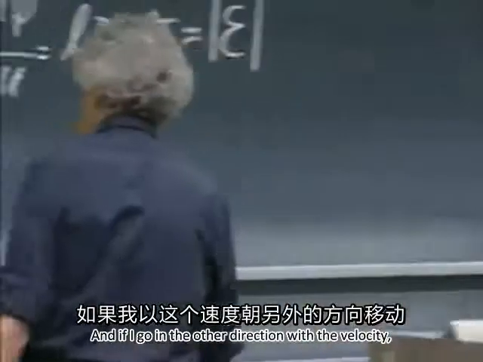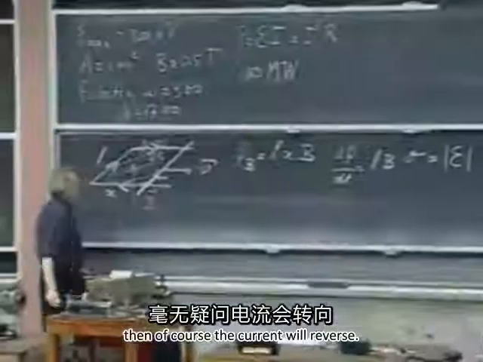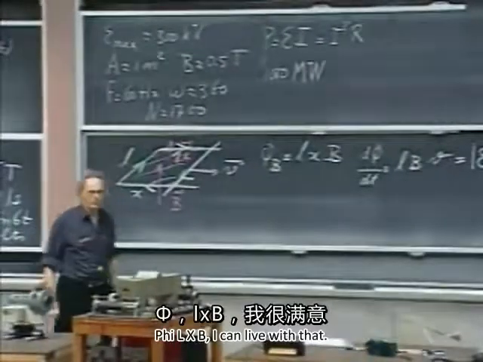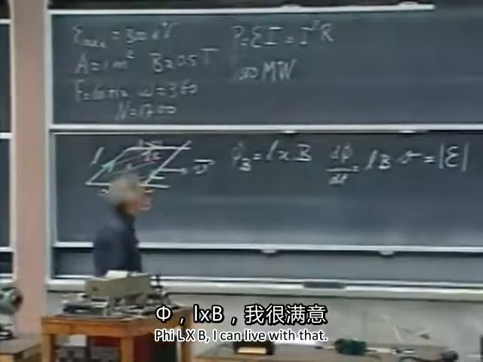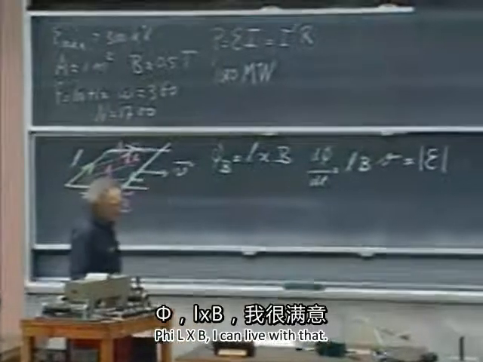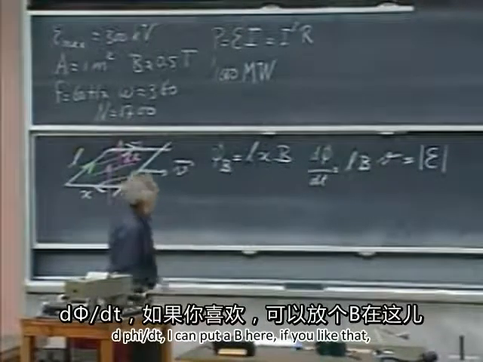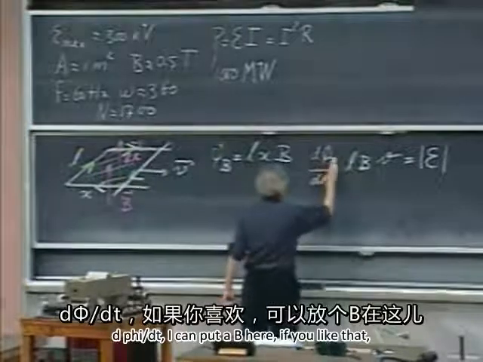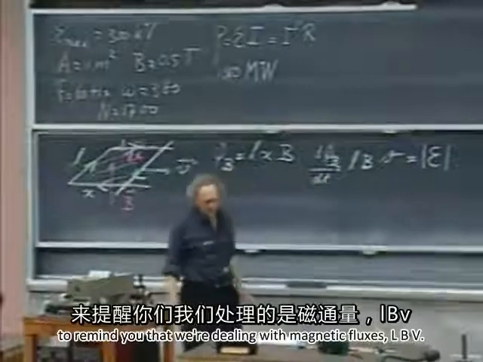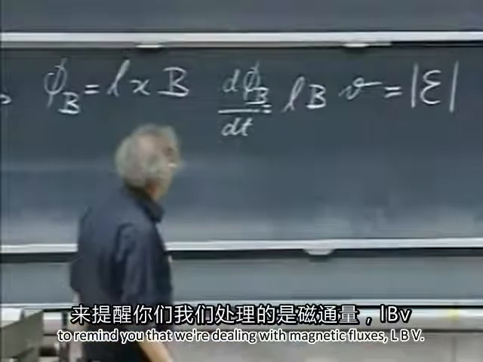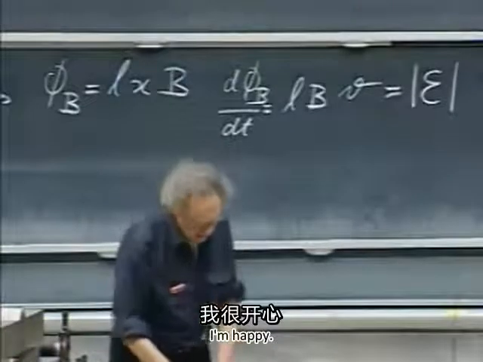And if I go in the other direction with the velocity, then of course the current will reverse. Φ = LxB, I can live with that. dΦ/dt, I can put a B here, if you like that, to remind you that we're dealing with magnetic fluxes, LBv. I'm happy.